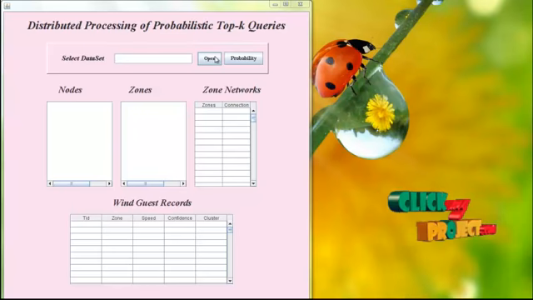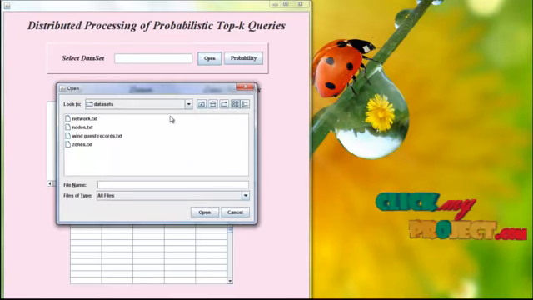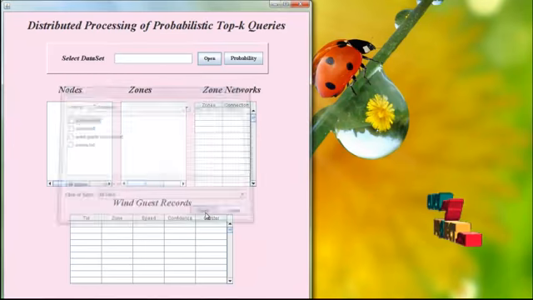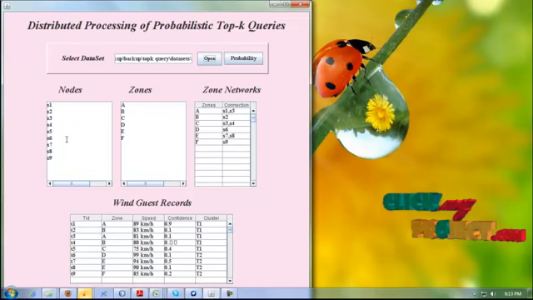What nodes are present in our data set? Click open to select the data set. Any one data set is presented here. Here we split each data set into nodes, considered as S1, S2 and so on, presented as nodes which participate in the wireless sensor network.